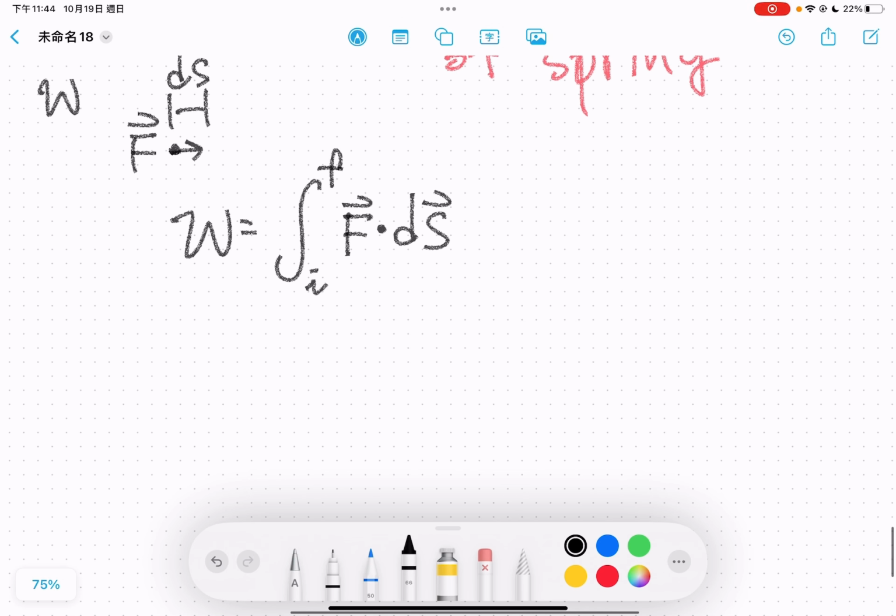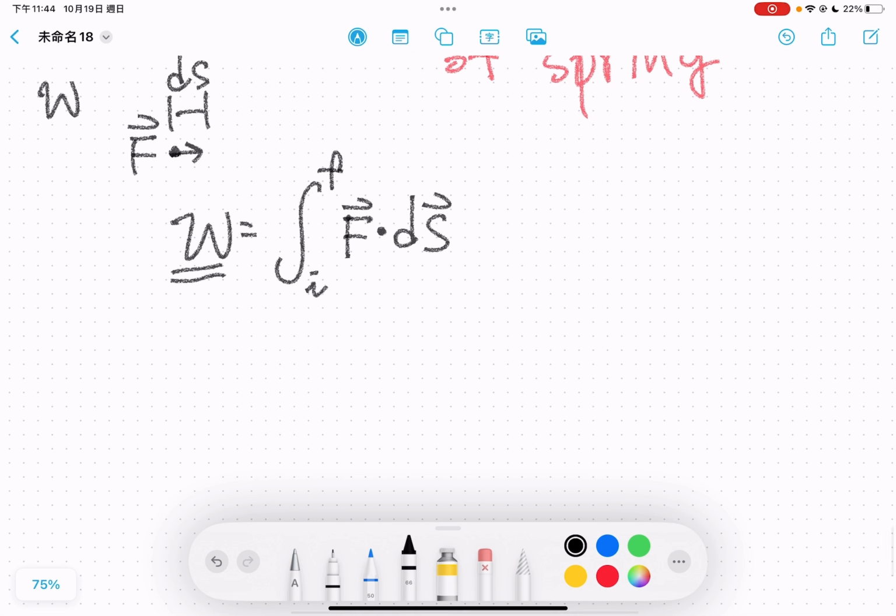The potential energy is the stored energy that depends on the position of the object, so that depends on the work.